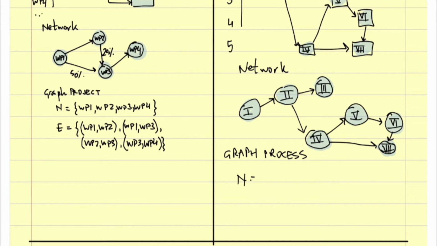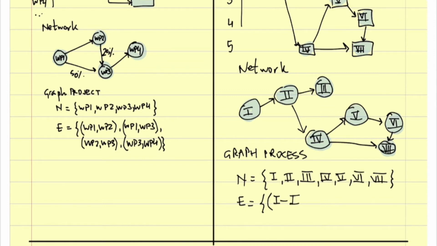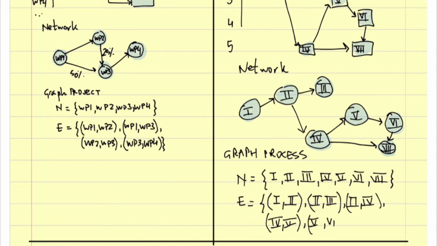Let's say the nodes are 1, 2, 3, 4, 5, 6, and 7, and the edges are, let's say, directed: 1 to 2, 2 to 3, 2 to 4, 4 to 5, 5 to 6, 6 to 7, and 4 to 7.